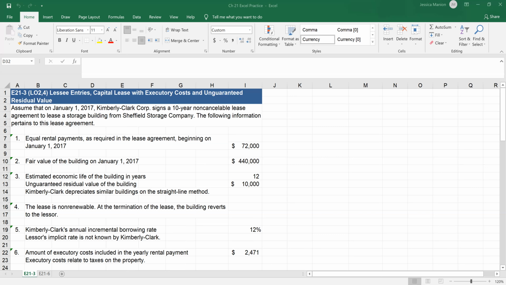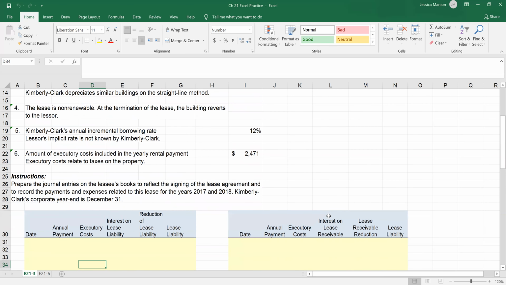Unguaranteed residual value of the building, 10,000. Kimberly Clark depreciates similar buildings on the straight-line method. The lease is non-renewable. At the termination of the lease, the building reverts to the leaseor. Kimberly Clark's annual incremental borrowing rate is 12%. The leaseor's implicit rate is not known by Kimberly Clark.